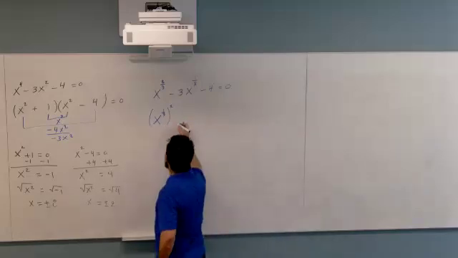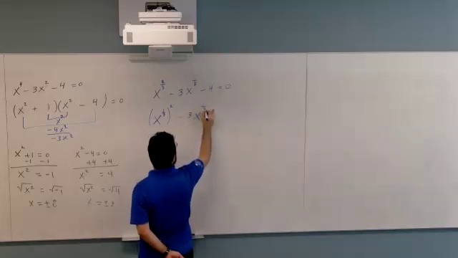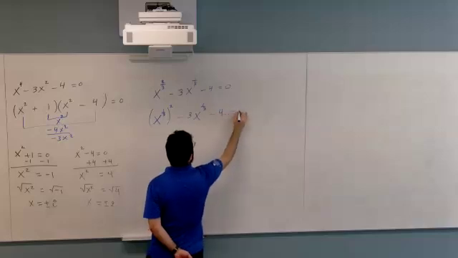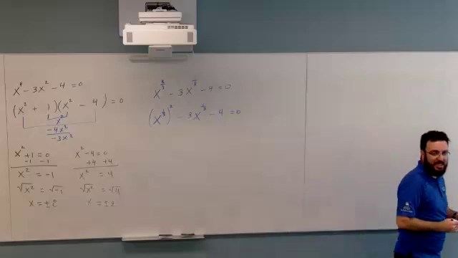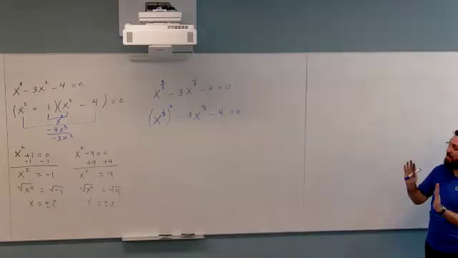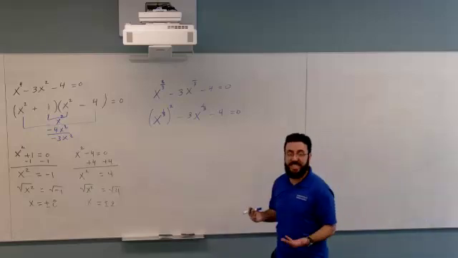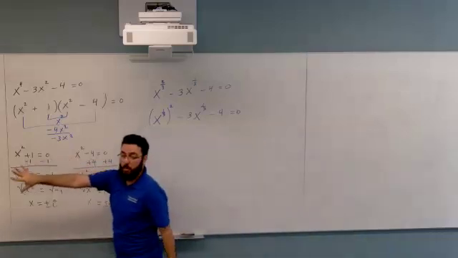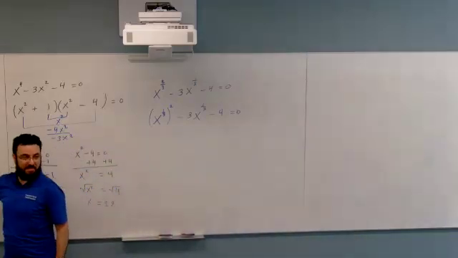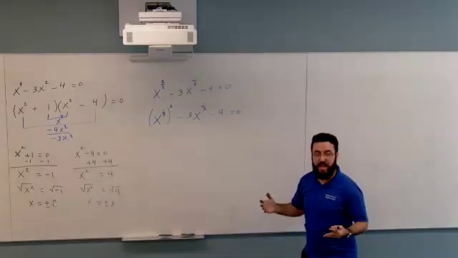Let's write down the next term. Minus 3x to the 1/3 minus 4 equals 0. What's the next step? Think a little bit, I'll make it easier for you. What are you going to do to make it easier to factor? Try to use the same thing I did here. We change it to u.